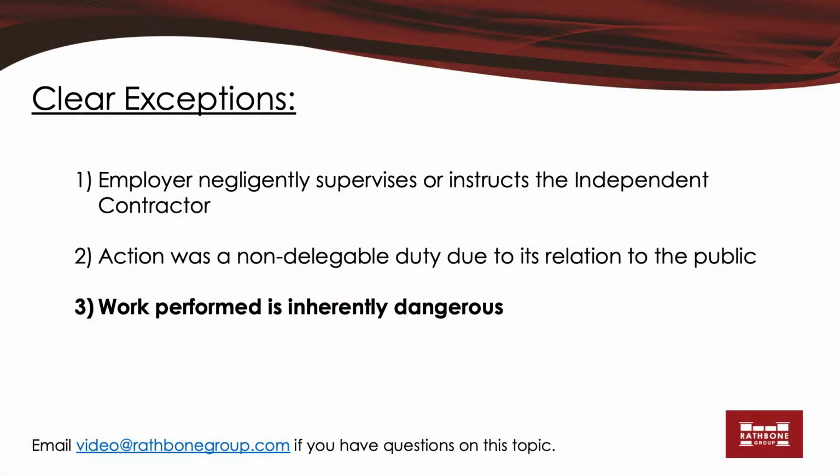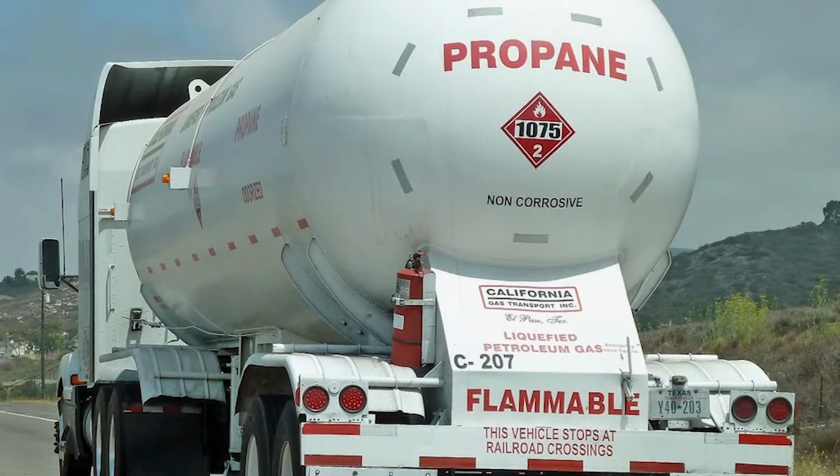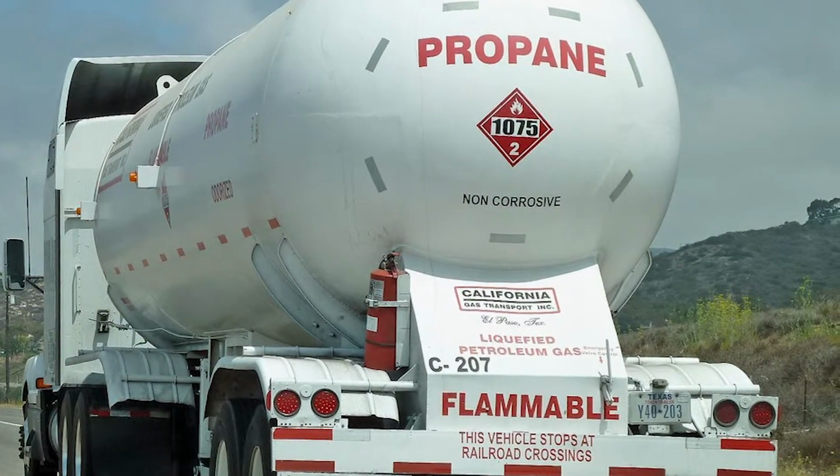Another exception is when the work performed is inherently dangerous. An example would be, again in the trucking circumstance, a flammable substance being transported on the highway. Under those circumstances, if the action is just too dangerous to the public, it's impossible for the employer to say, hey, it's the independent contractor's responsibility only, because they are not able to contract away that liability by passing it off to the independent contractor.